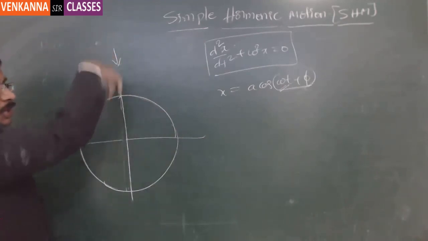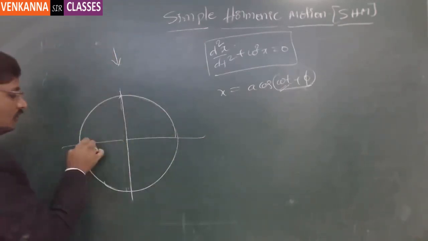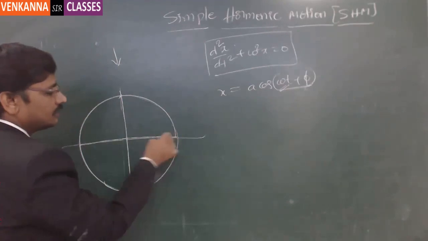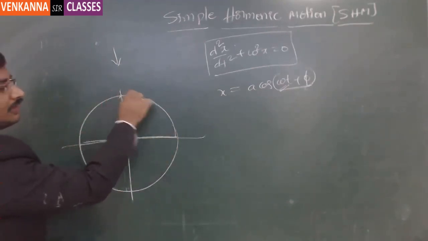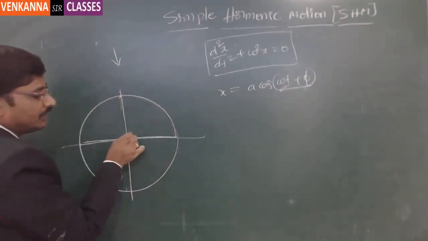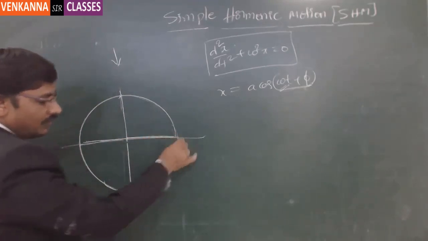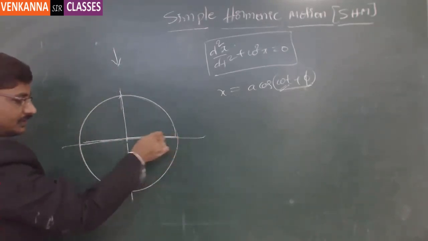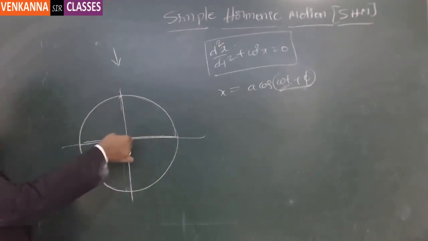But if you look from the top side, this circle you will see as a straight line on the horizontal line. When this particle is moving in this direction, we treat that it keeps on moving in this direction. When it is coming back, we treat this as coming back to the same position in the backward direction.